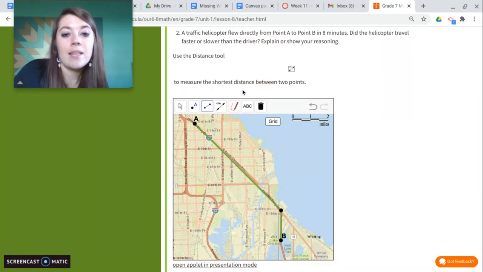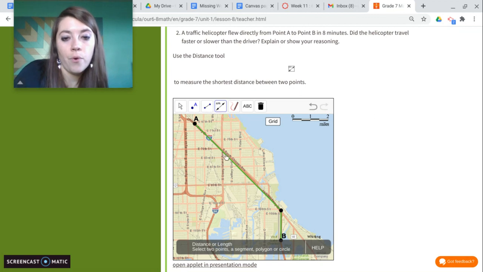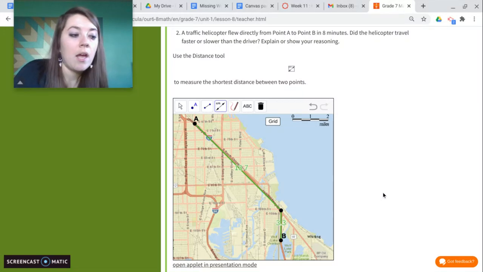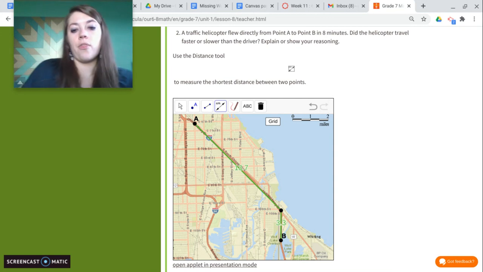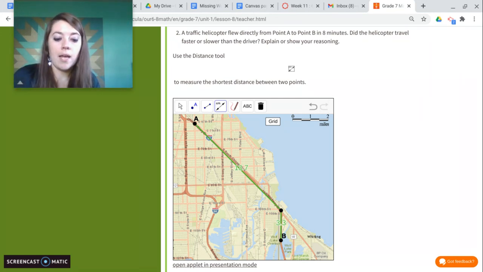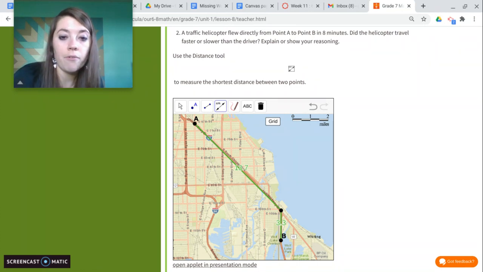And now we need to find the distance for each of them. So that one's 13.7 and this one's 3.3. So if we combine them, 13.7 and 3.3, we're going to end up with 17 units. So 17 units is how far she's driven.